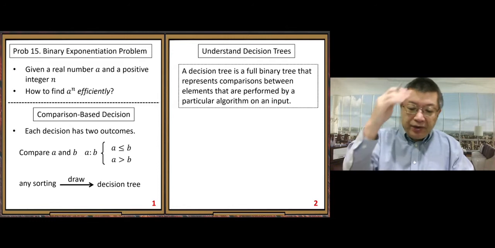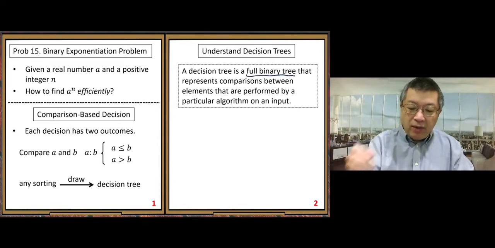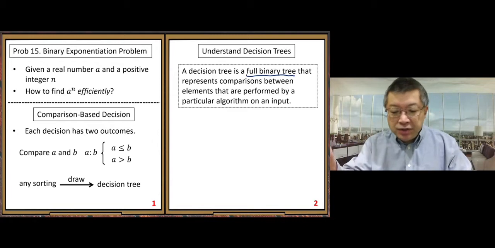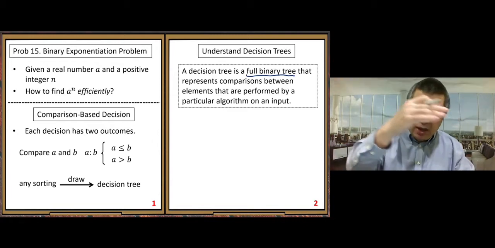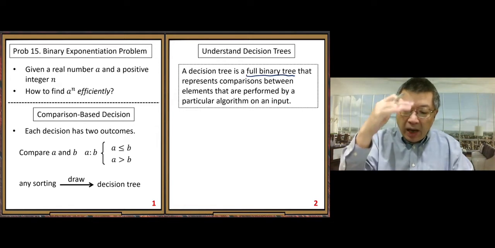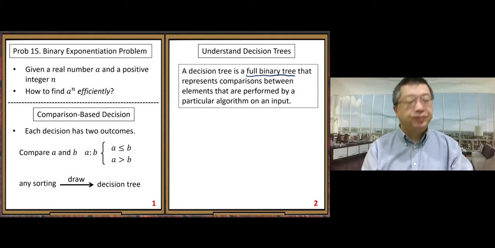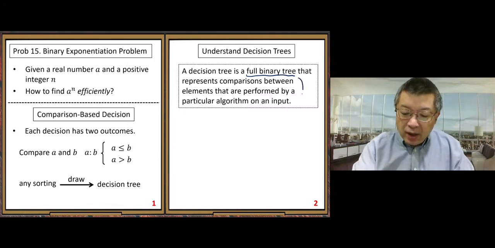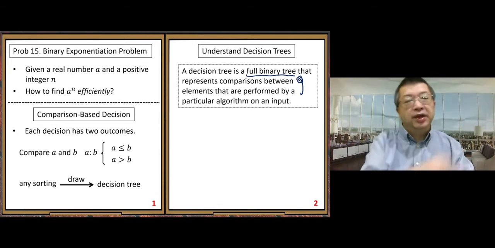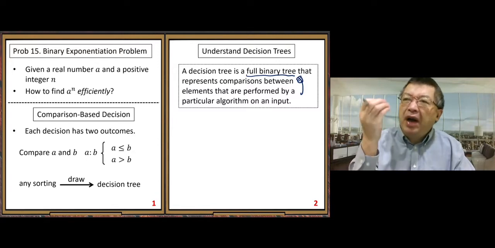A decision tree is a full binary tree that represents comparisons between elements that are performed by a particular algorithm on an input. But here, as I mentioned in the previous video, the full binary tree, sometimes we may need to modify a little bit.